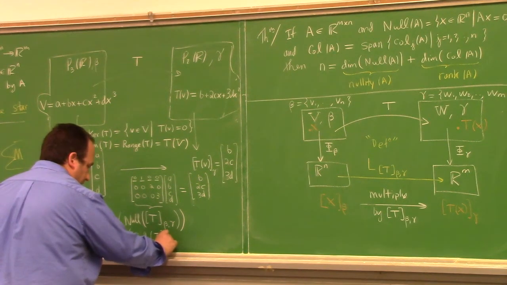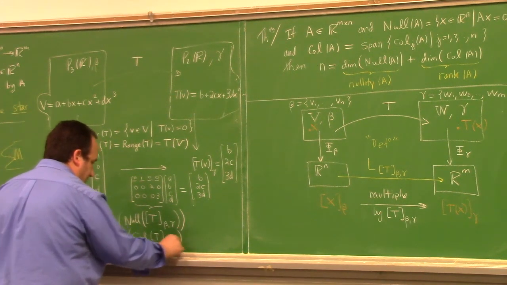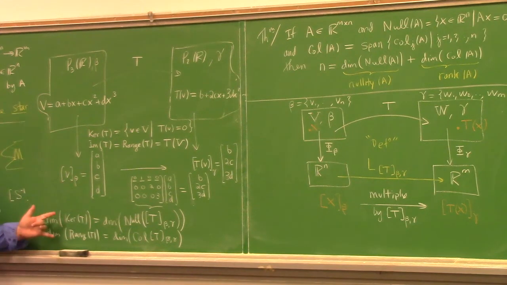So there's something very interesting here, because there's no basis on the left-hand side of this equation I just wrote, right? But there's a choice of basis beta and basis gamma on the other side. So what I'm saying is it doesn't matter what choice of basis you make, it captures the essence of the linear transformation, how it works. And so you can calculate the dimension of the kernel and the dimension of the range just by taking a snapshot of the linear transformation with respect to this one pair of bases.